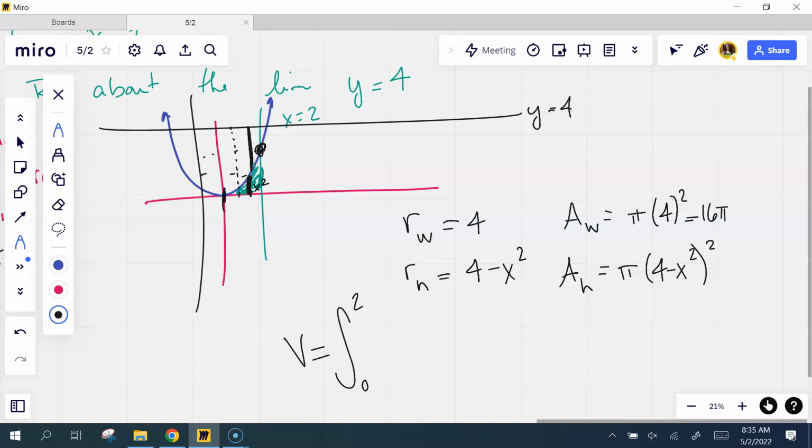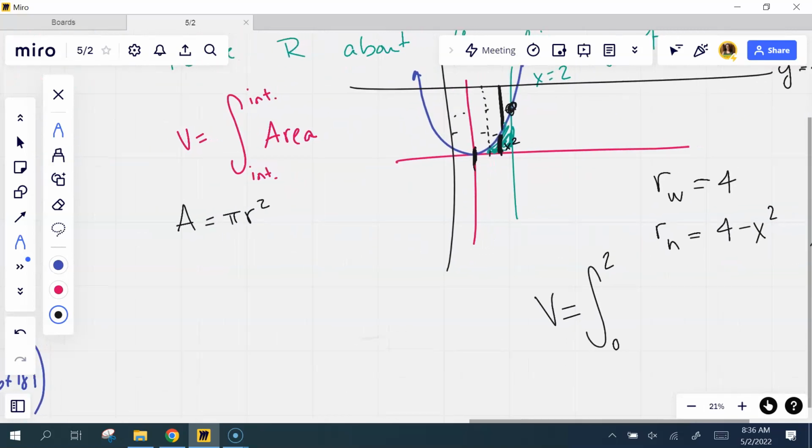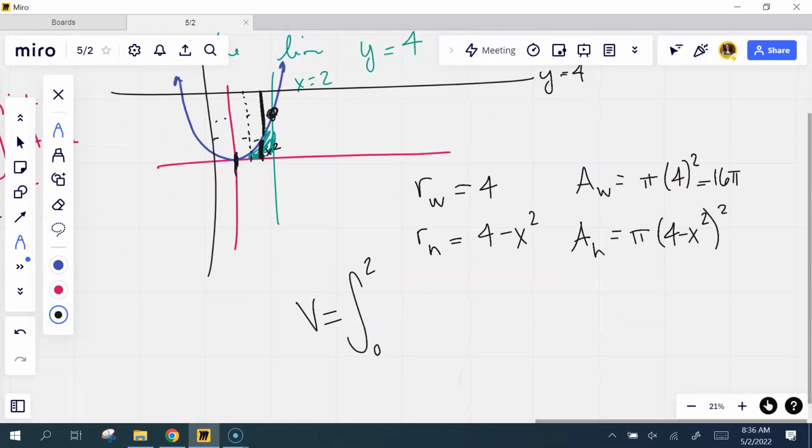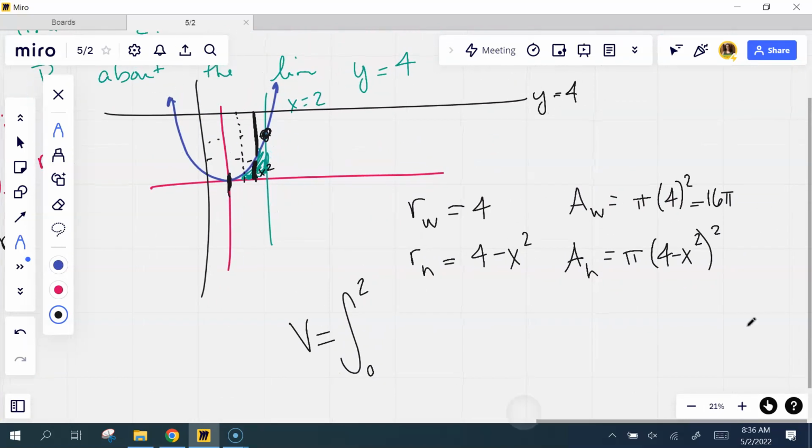Well, it stops there. There's no more area because it hits 0, 0 there. So I'm going to go from 0 to 2. Remember, volume is just the integrated area. That's all it is. So that's right. So 16 pi minus 4 minus x squared times pi.